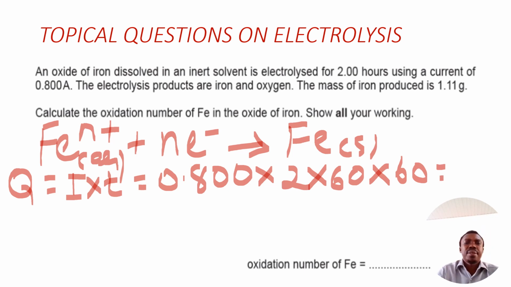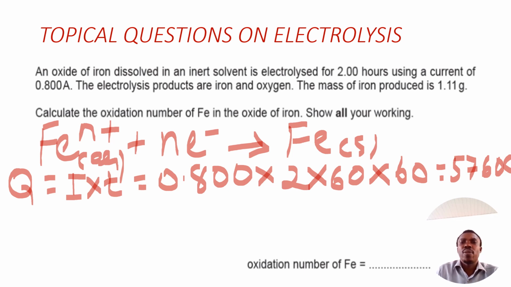Using my calculator, 0.800 multiplied by 2, multiplied by 60, multiplied by 60, you get 5,760 coulomb.